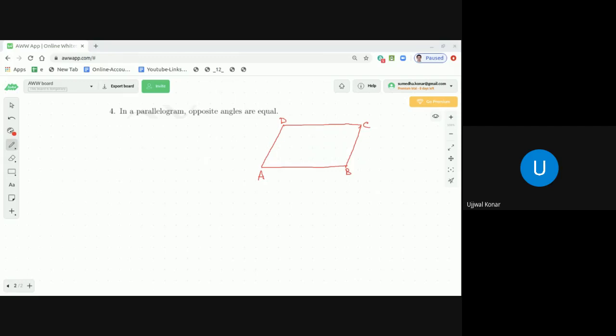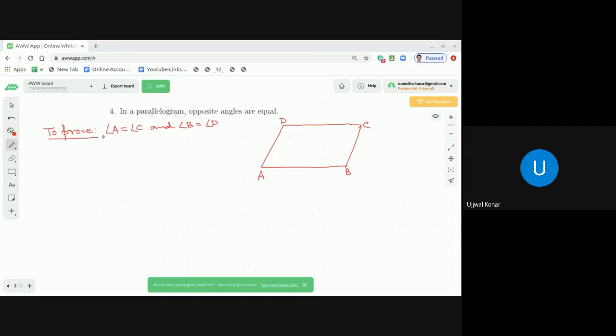Now, what do we need to prove? We need to prove that angle A is equal to angle C and angle B is equal to angle D. That we need to prove.